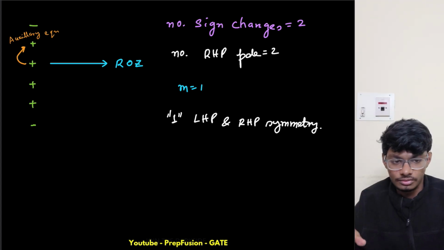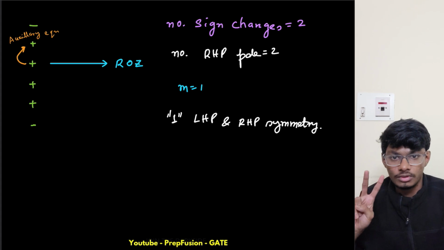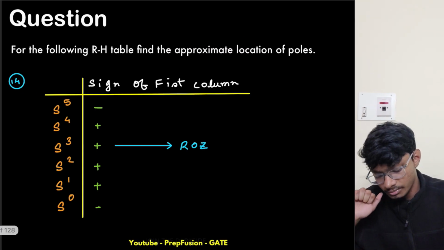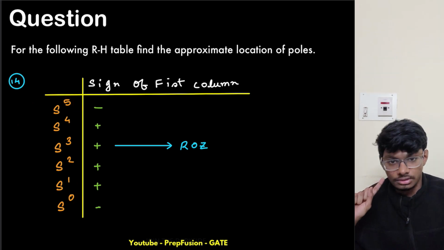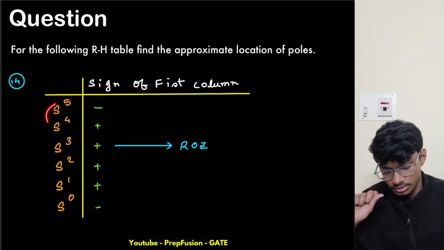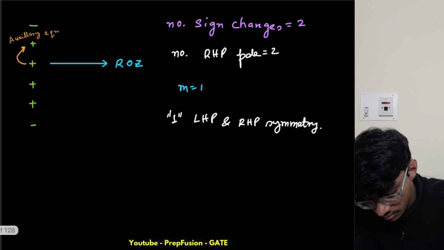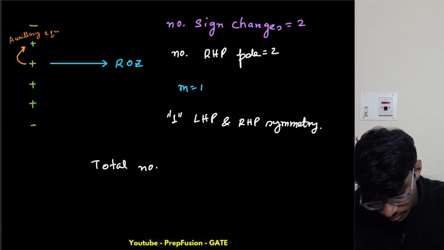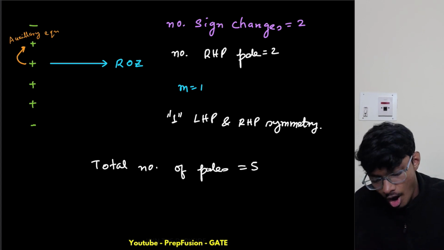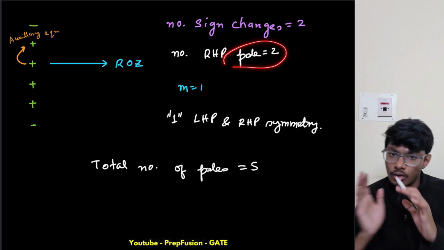So one thing is for sure, I have two right half plane poles, and the maximum number of roots I can have is 5. So the total number of roots or poles is 5.